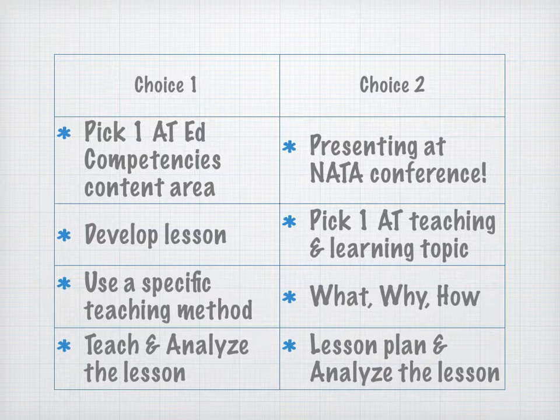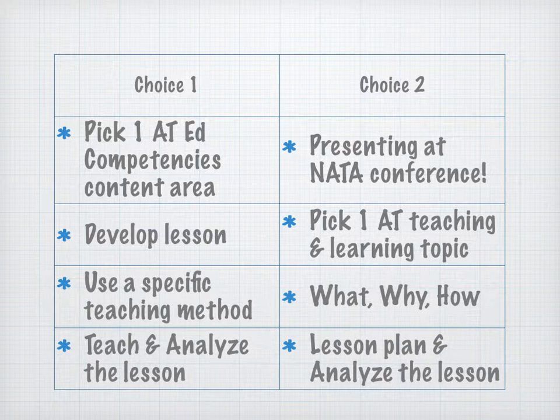Let me give you the big idea with choice 1 and choice 2. Choice 2 is called the effective athletic training teaching and learning presentation. In choice 1, you're going to pick a teaching method and develop a lesson. You're not going to actually teach a lesson. You're going to develop a lesson using a specific teaching method.